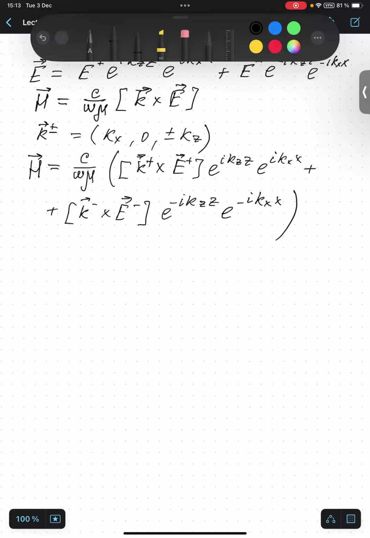So the Poynting vector, we can write it like that: S_z equals c over 8 pi, real part of E vector product H conjugated. And also, because we are interested only in the z direction, we should multiply it by e_z.